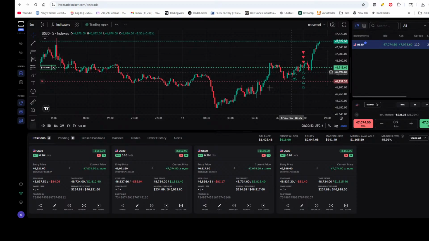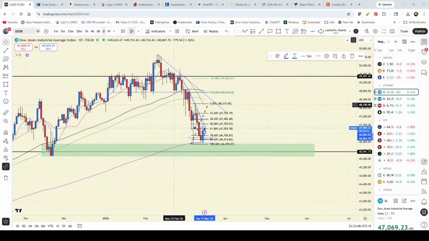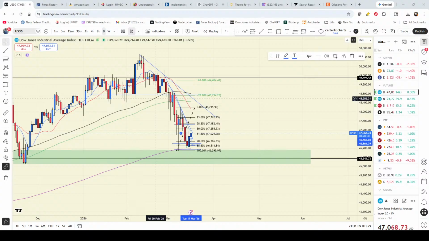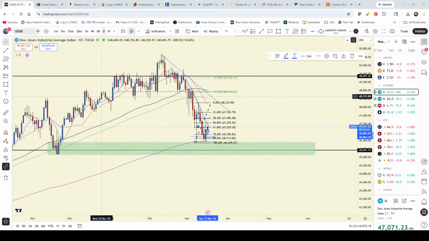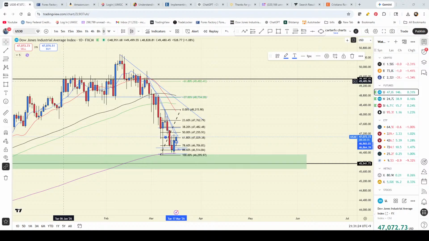We're up 6. I really think price is trying to go ahead and test this area in the market. You can see when the news of the Iran war broke out, before the news broke, price was steadily going up, made a new all-time high here, and it was somewhat respecting this level of support.